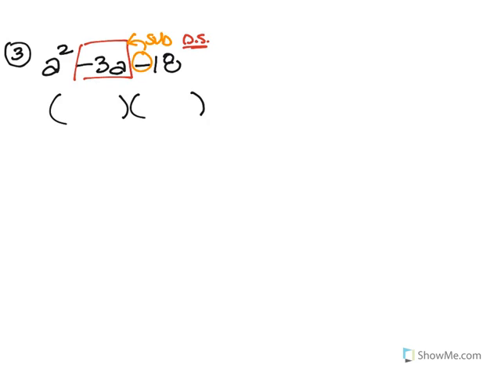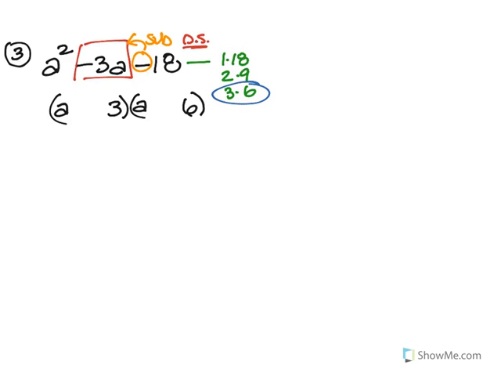So we have our 2 parentheses, a's at the front, and then we're going to look at factors of 18. Now, if you need to list your factors, you have 1 and 18, 2 and 9, and you also have 3 and 6. So the 2 numbers we're going to use are 3 and 6. So they'll go in the back.